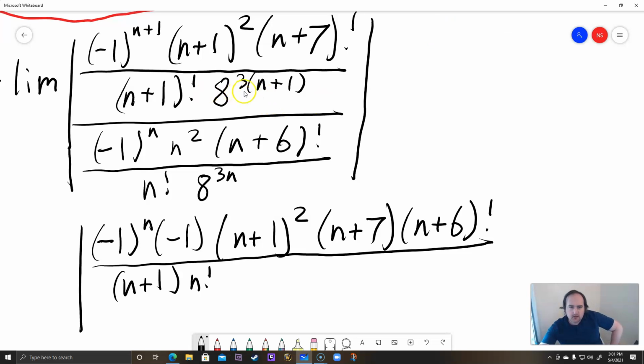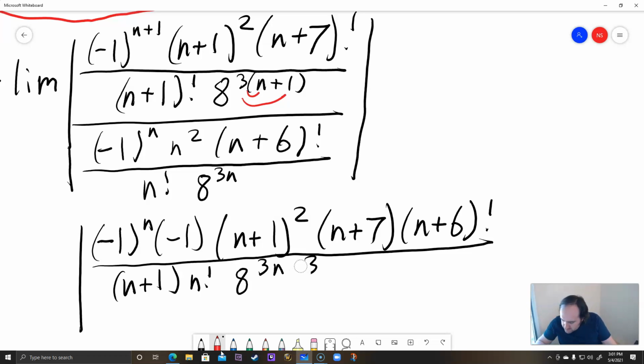And then right here, we've got 8 to the 3n plus 3, if we go ahead and distribute that 3 to each of those terms. And 8 to the 3n plus 3 is the same as 8 to the 3n times 8 cubed.